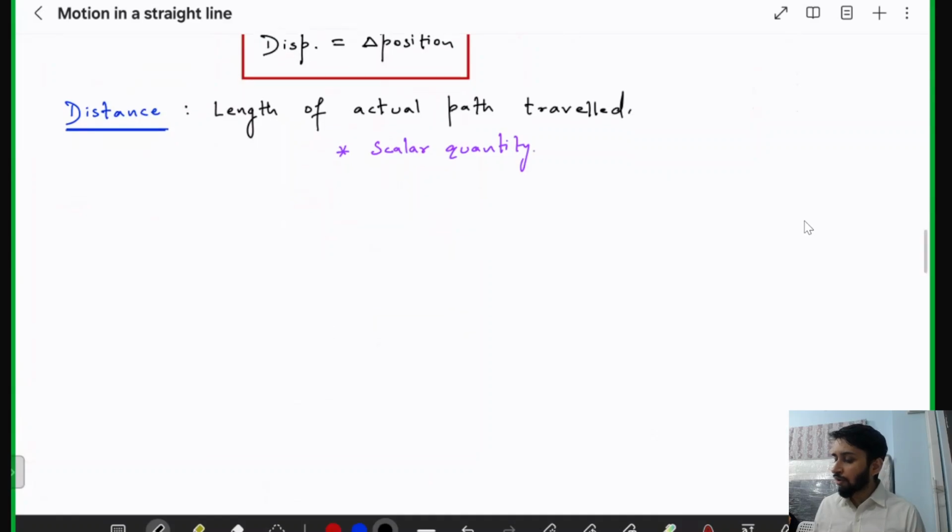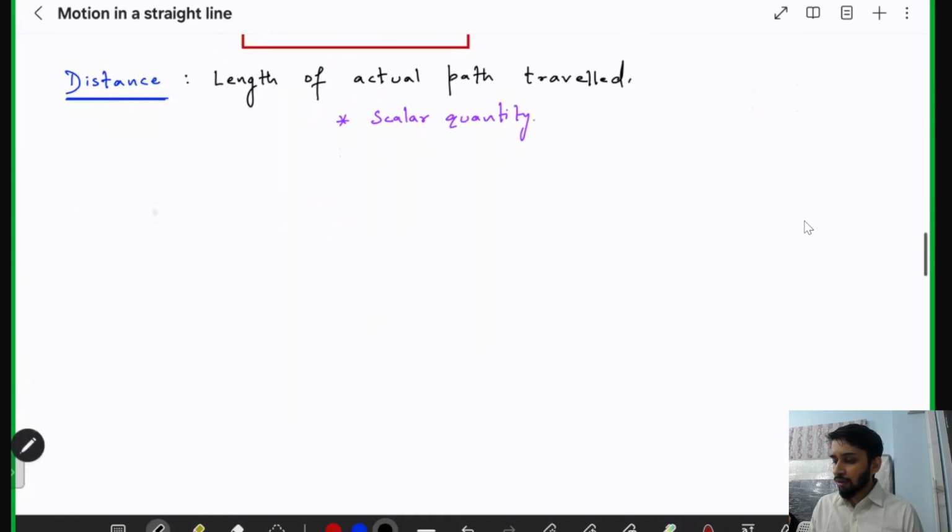So suppose we are going from point A to point B. Fine, you can go from point A to point B by traveling through many different paths. So you can go like this, like you can follow a curved path, something like this, or you can go from point A to point B in a straight line like this, right?